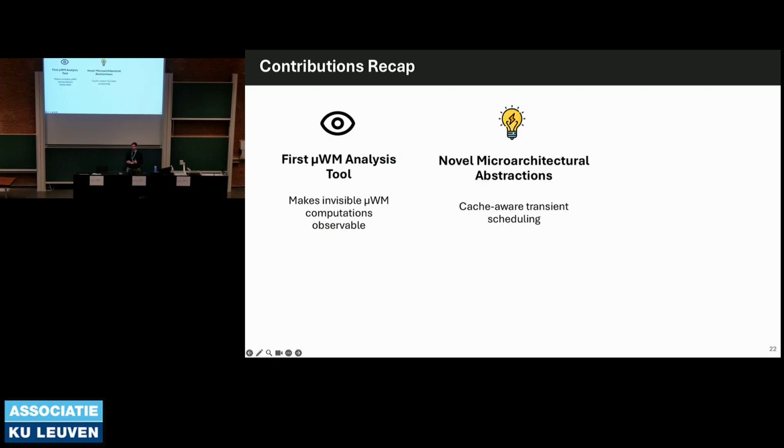We introduced new microarchitectural abstractions, of which especially cache-aware transient scheduling would be interesting to transfer to other work. And we validated that WeMu is correct in most of the cases of our benchmark, and it also has speeds that could fit a practical workflow.